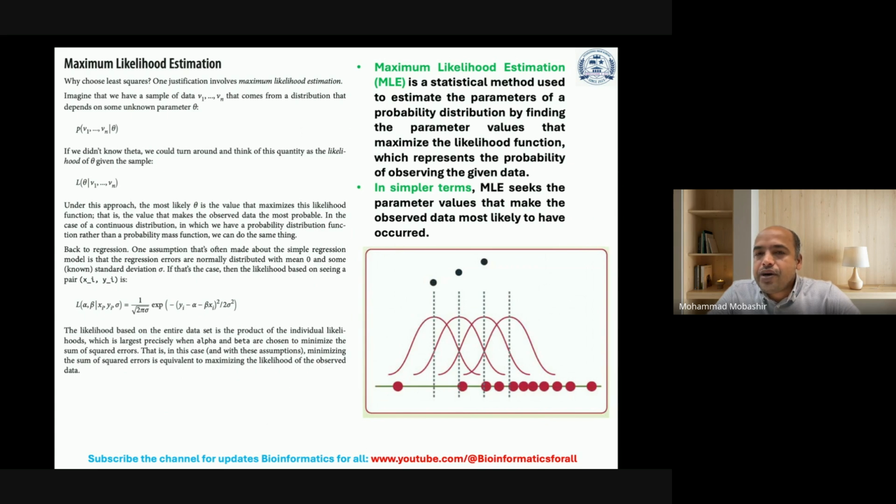In a simplified form, it can be considered that maximum likelihood, or MLE, seeks the parameter values that make the observed data most likely to have occurred. This is also quite commonly used in data analysis.